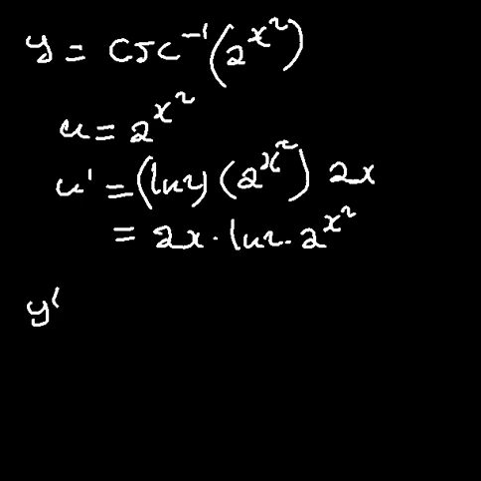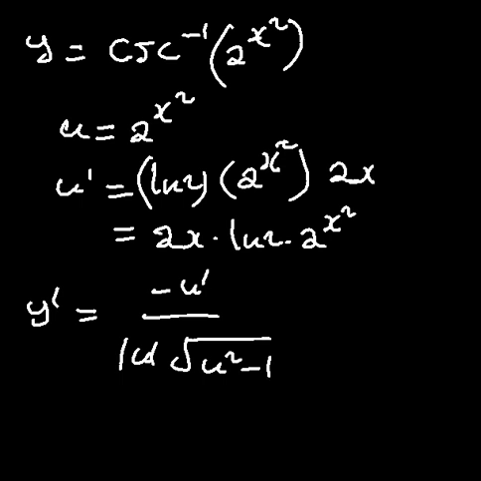Then what is the differentiation key for the cosec inverse? The cosec inverse basically has to be given as negative u prime divided by the absolute value of u times the square root of u squared minus 1. That will be given as that. So which means you will just have to substitute. And also try this on your own time.